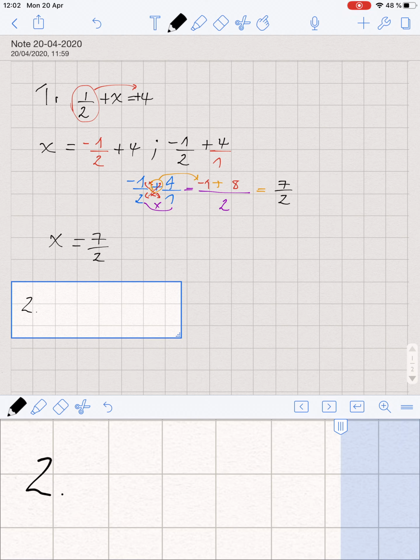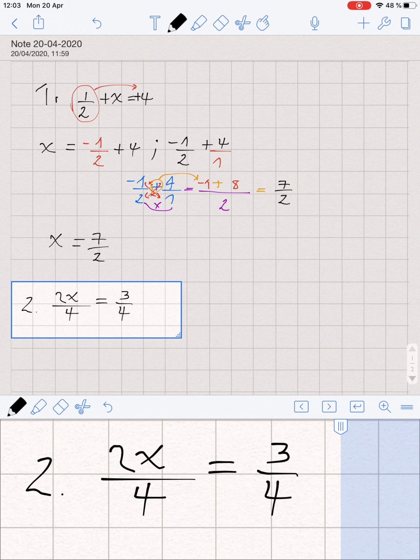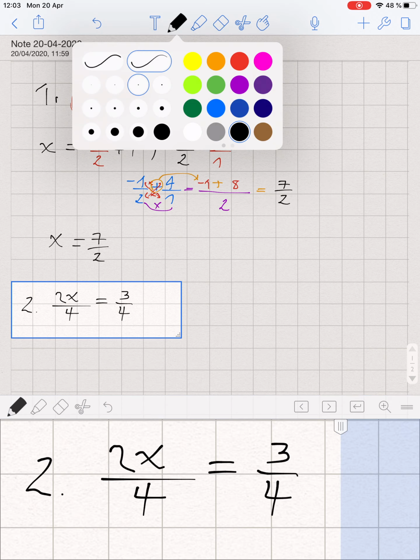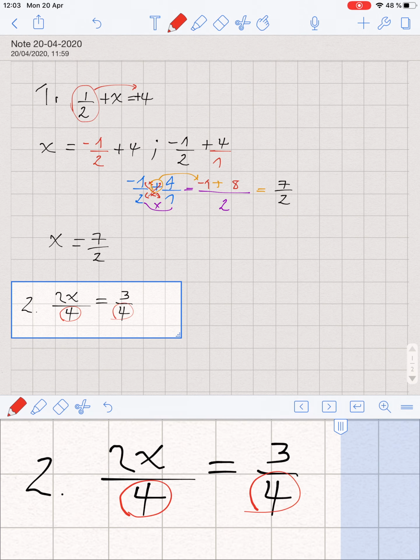We will have a more complex operation, that is going to be 2x/4 equal 3/4. We will have a fraction on both sides. In this kind of fractions, if you see, we have the same denominator, and we don't have anything else on the sides.